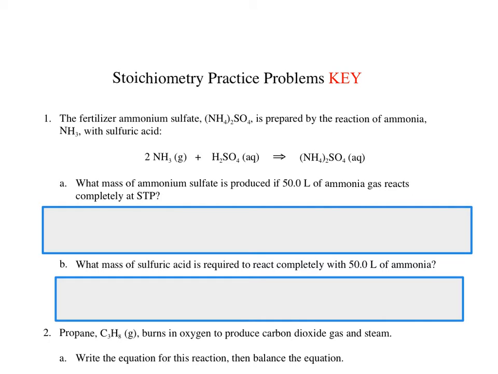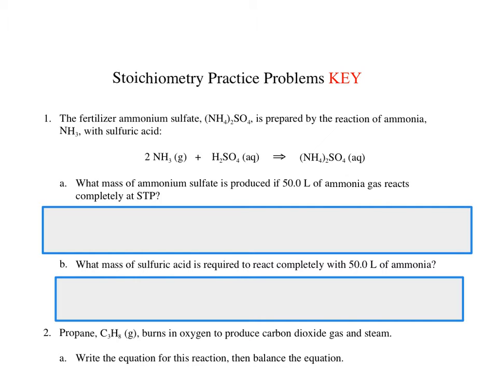The first question is directing us to what is a very important chemical reaction in industry. It's the production of ammonium sulfate, one of the key components in a lot of fertilizers. So this is made on an industrial scale by chemical companies.